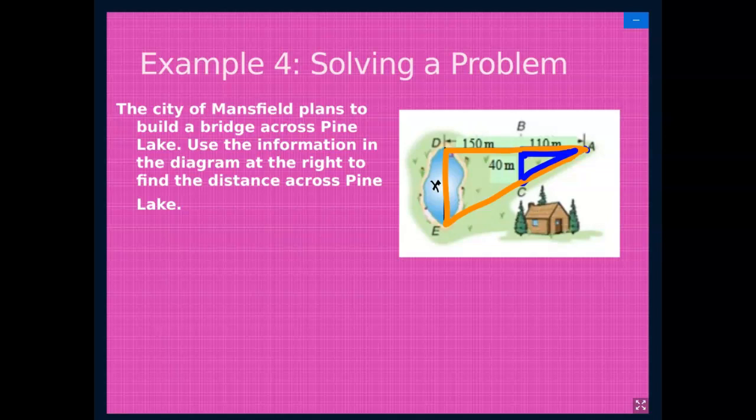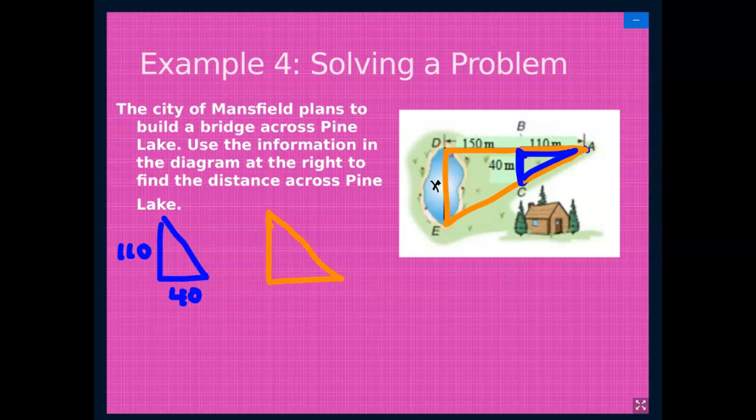So we have like a triangle sitting in a triangle. If I drew those off to the side, the height of the little blue triangle is 110. Its base is 40.